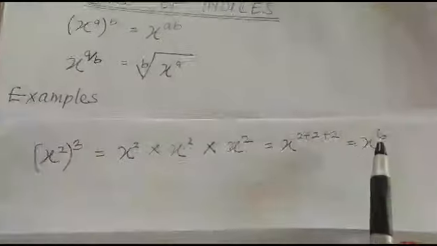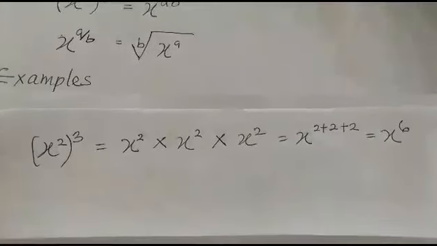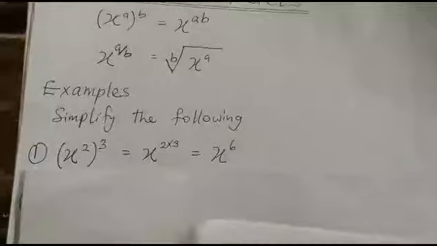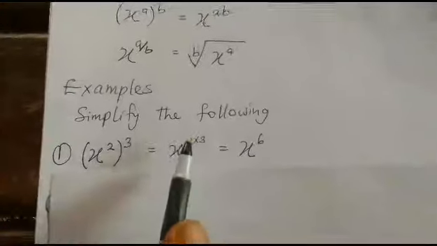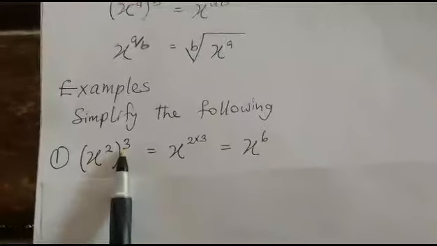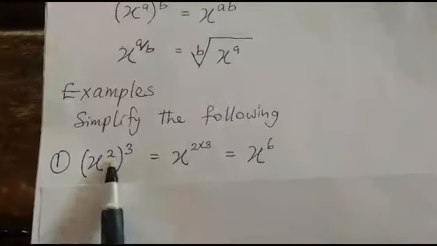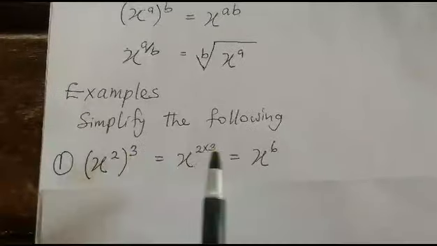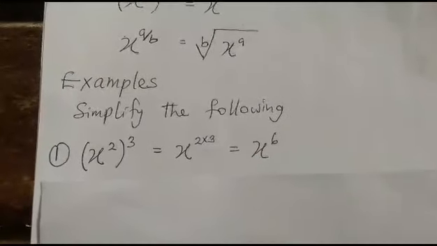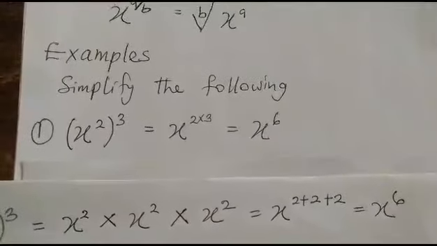But instead of going this long way before you get the answer of x raised to power 6, we now use the laws of indices, which say that whenever two powers are beside each other, you just multiply the powers. So because 2 and 3 are beside each other, you say 2 times 3, which gives x raised to power 6. You can see that we got the same answer as the first method we used.